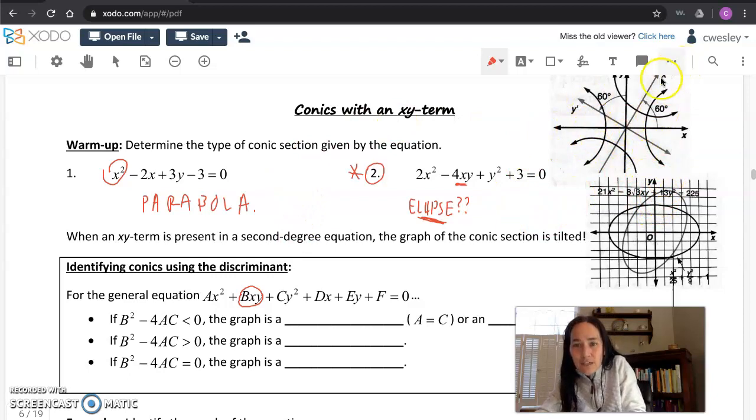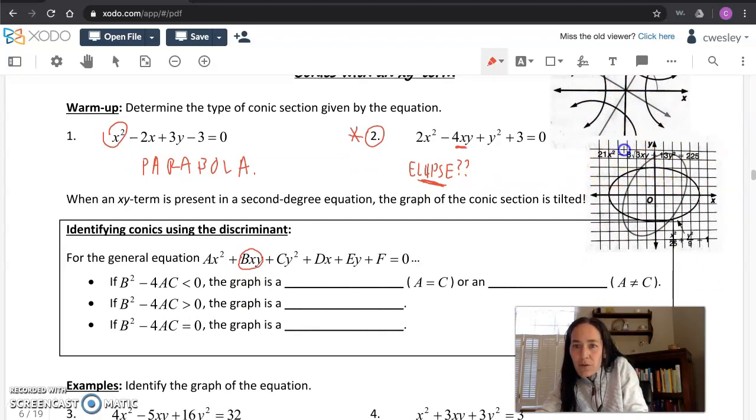Your transverse and conjugate axes in this top picture are just not parallel to the coordinate axes. They're not vertical and horizontal. We've rotated by 60 degrees. Same thing with this ellipse. You can barely see that equation there, but there is an XY term, and that's going to cause this ellipse to tilt so your major axis is diagonal, as is your minor, going the other way.